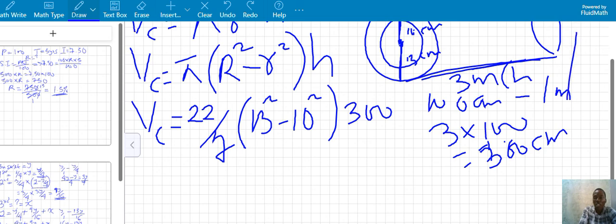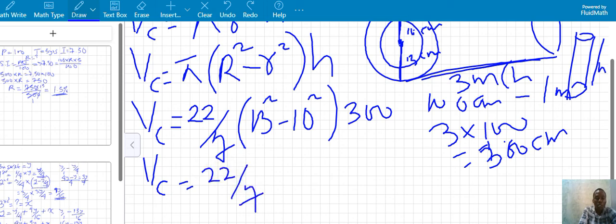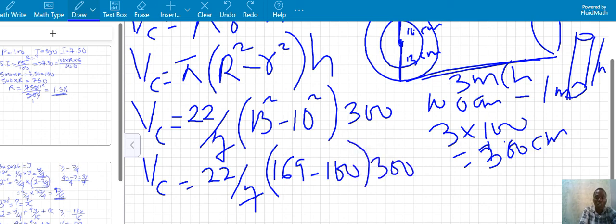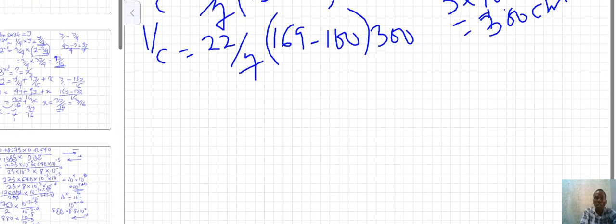If you stand this cylinder this way, that will be the height of the cylinder. So our V will now be equal to 22 over 7 times 13 square, which gives 169, minus 100, all multiplied by 300.